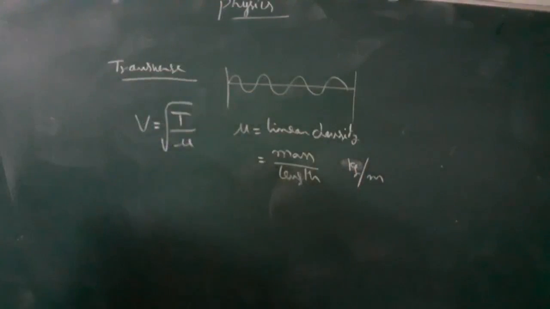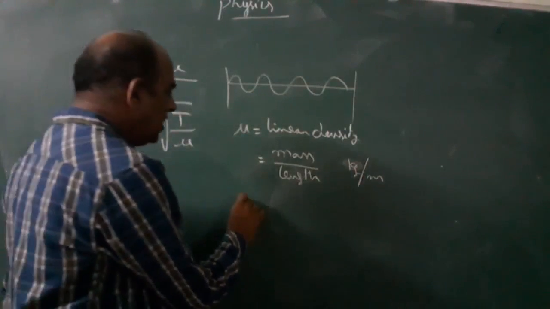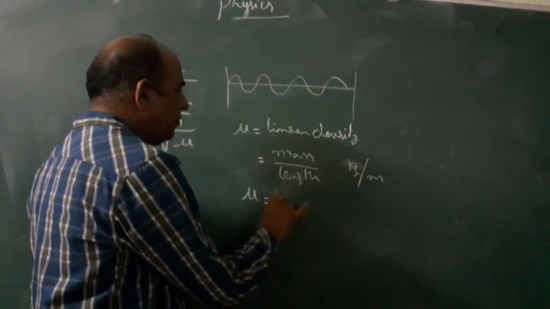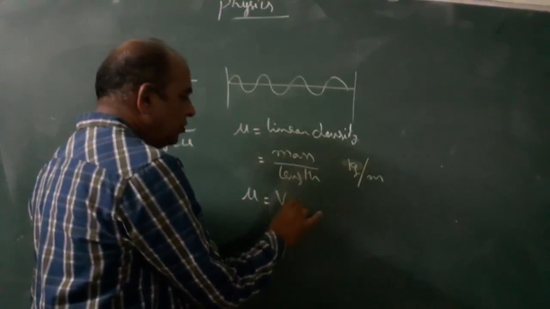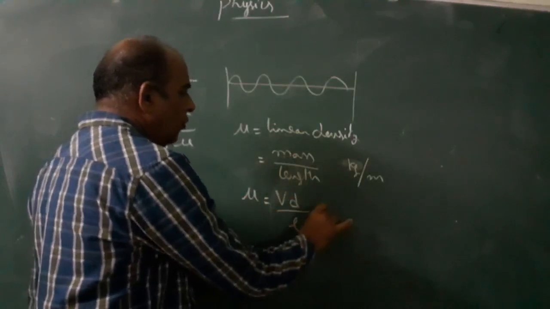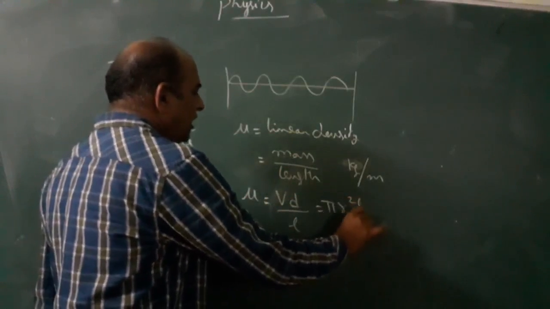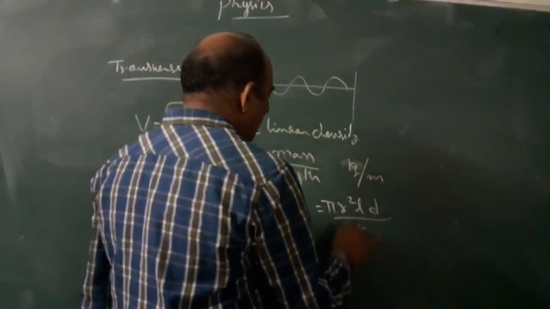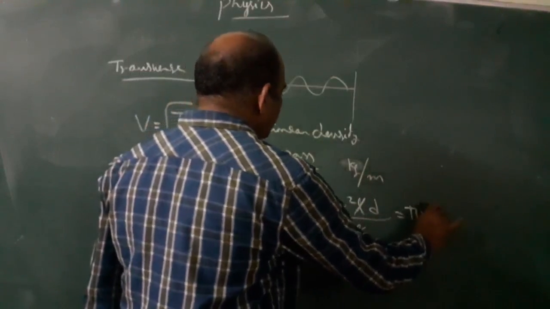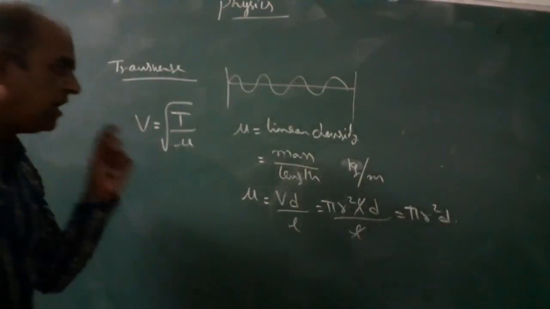We can write linear density as mass of the wire, that is volume into density, by length. Volume means pi r square L, into d, by L. L cancels, we get pi r square d. This is the linear density.